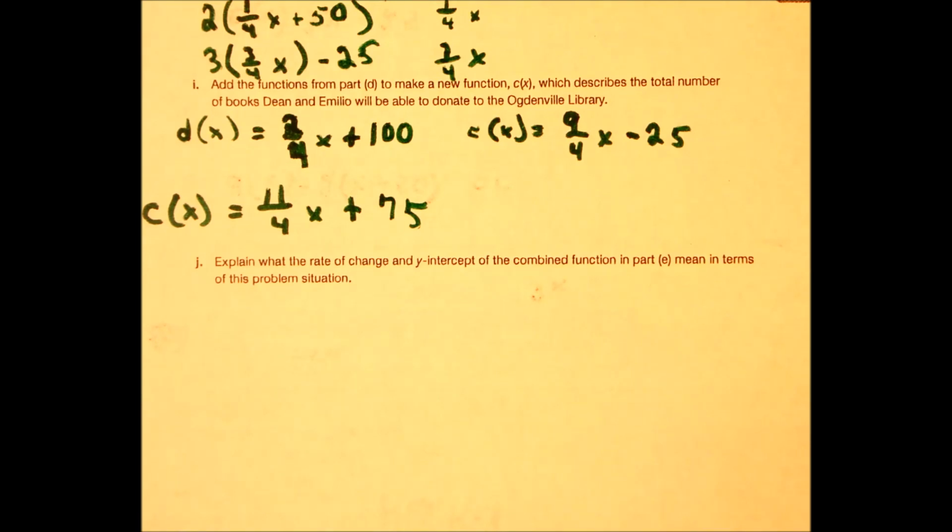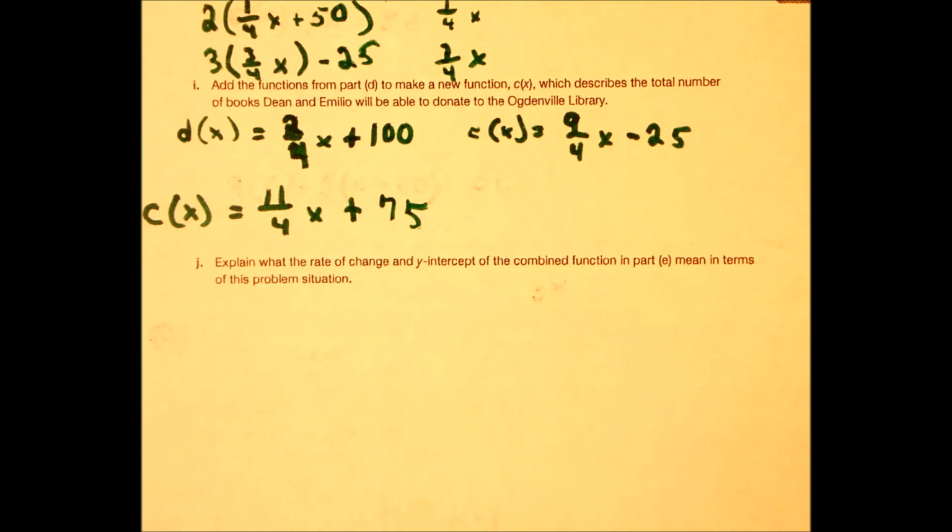Now, you gotta be real careful, because can you donate a part of a book? No. Okay, so the rate of change isn't a whole number. So that means you have to be very careful. You will get whole numbers only because whatever the books are, they increase. And you have to make sure you have whole numbers as your answer.